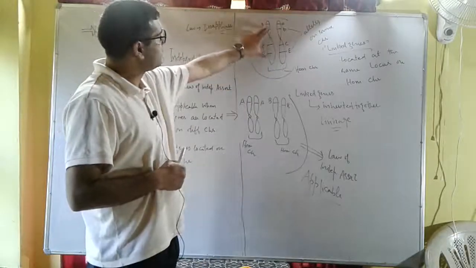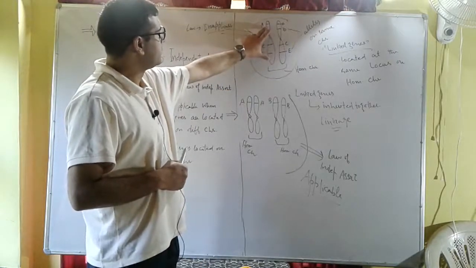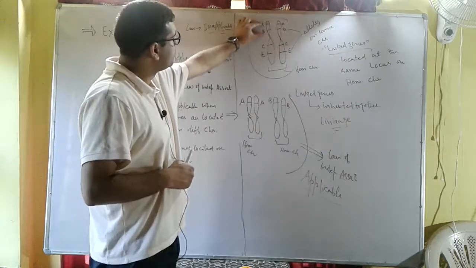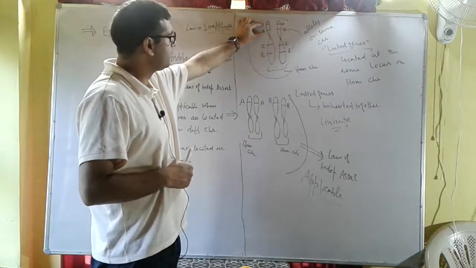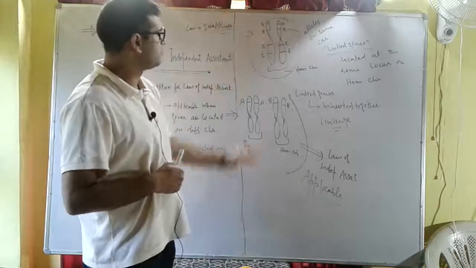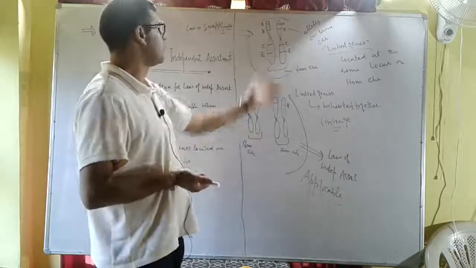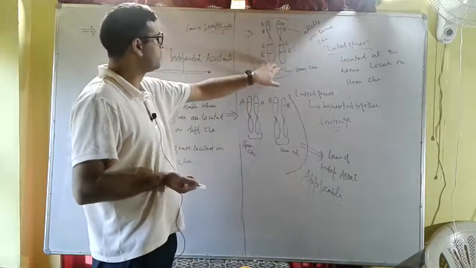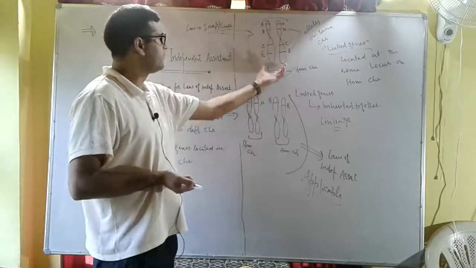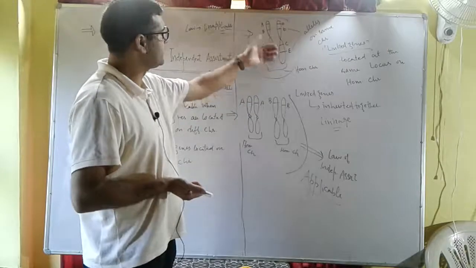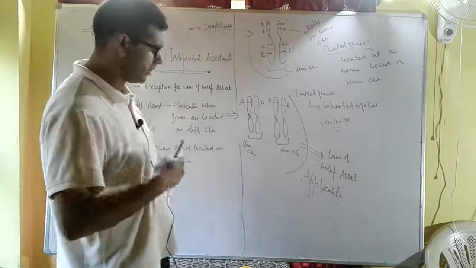These two genes will not assort independently of each other, but are inherited together during transmission from parents to offspring. So they will show linkage. And the law of independent assortment is inapplicable in case of linkage, where the genes are linked.